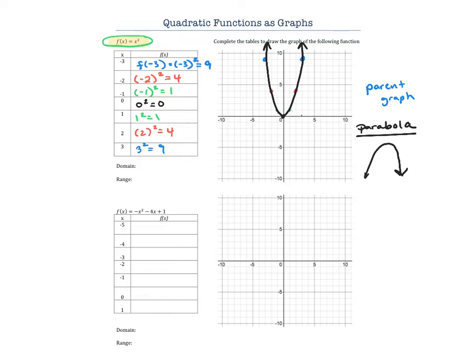So let's go back to talking about the domain and range of functions. That's what this is asking us to do. This is something we did earlier in the year. Now remember, domain is a list of all your x's, and a range is a list of all your corresponding y's. Since I can't just name every x, because there's actually an infinite number of x's. See this arrow?